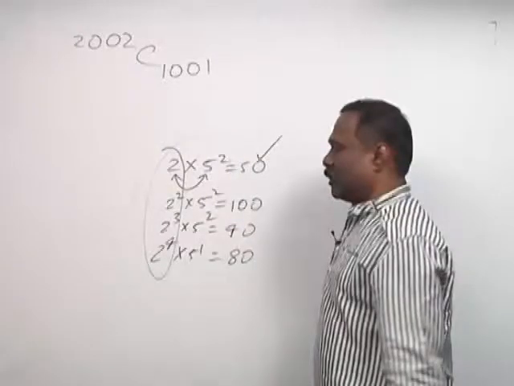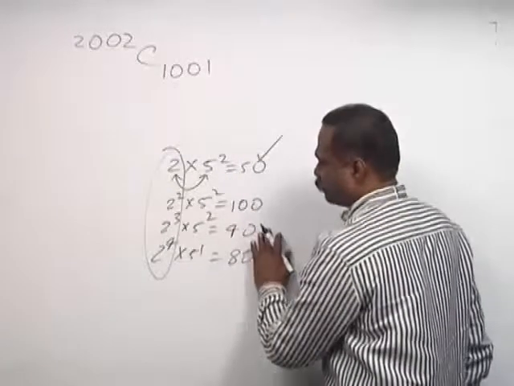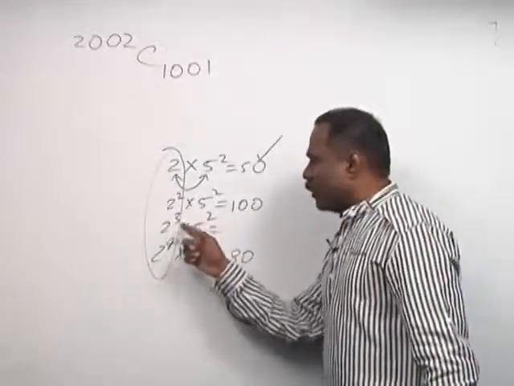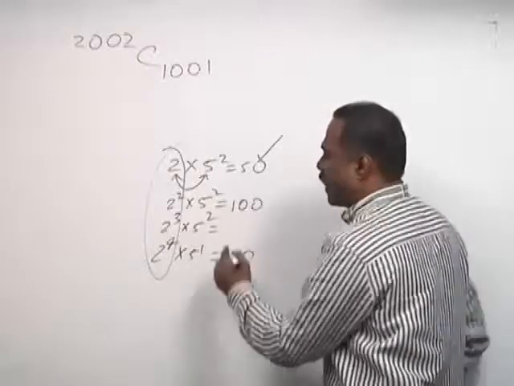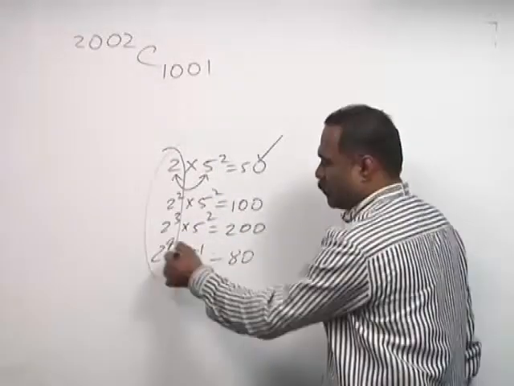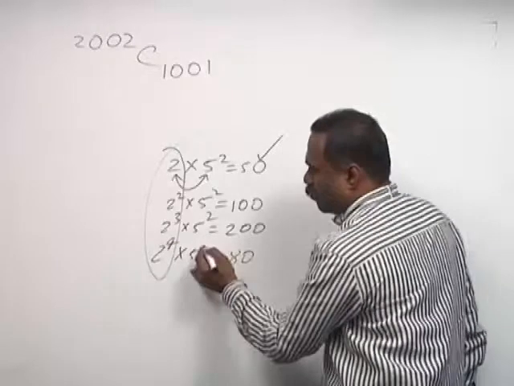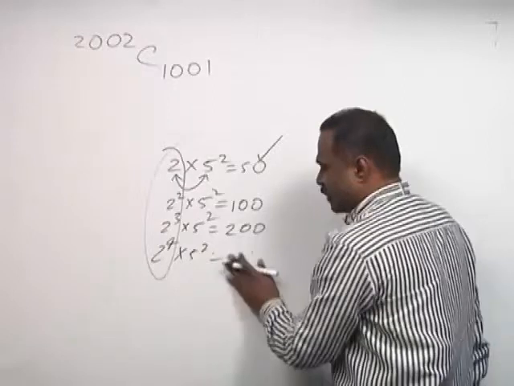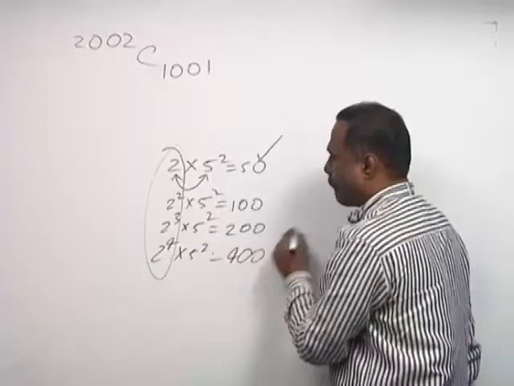Let me say 2 cube into 5 square: 8 into 25 is nothing but 200. 2 power 4 into 5 square again: 16 into 25 means 400.